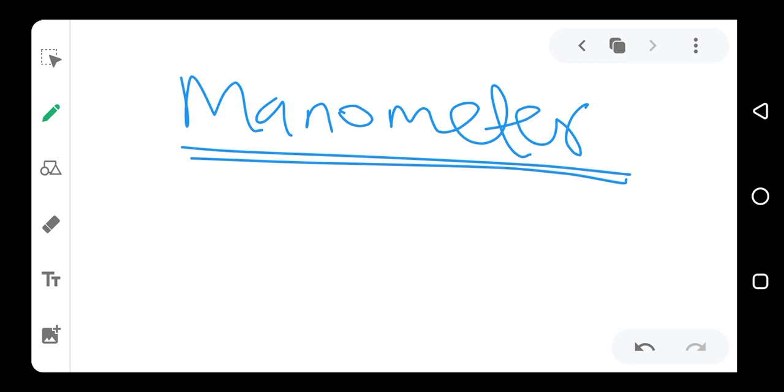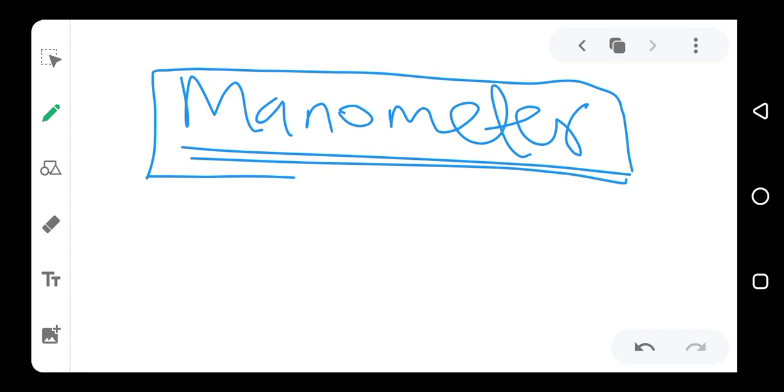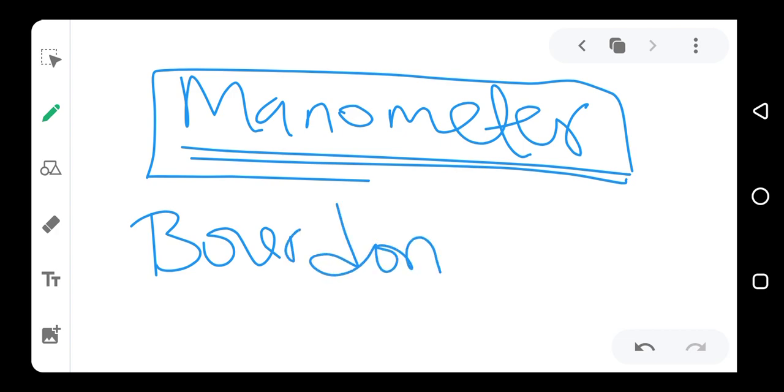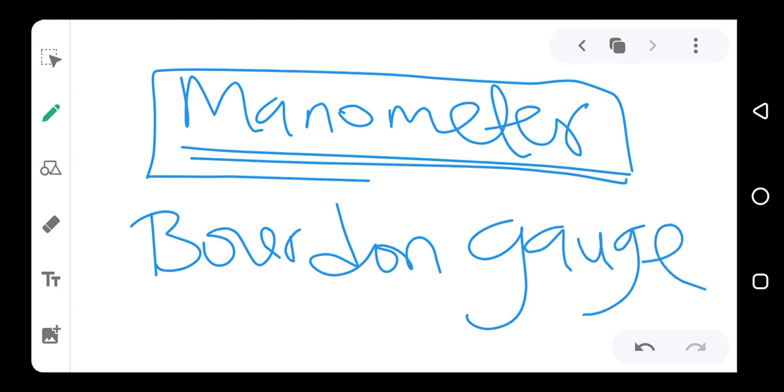We have two types of instruments for measuring other gases: the manometer and the Bourdon gauge.